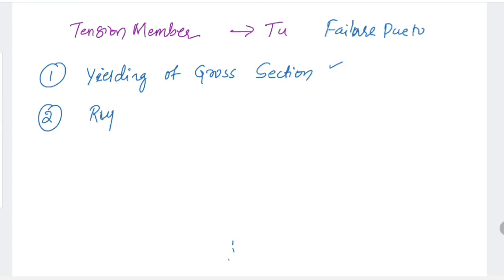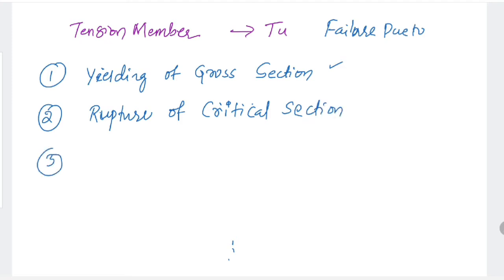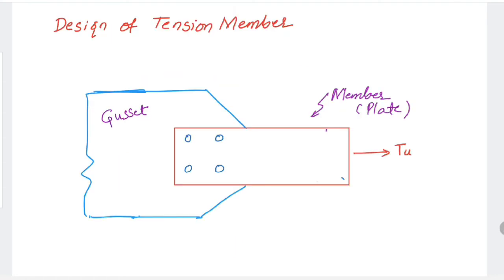Here I will be writing the rupture of the critical section. And the third one is the failure due to block shear. Three types of failures will occur in bolted connections, especially when it comes to the tension member.